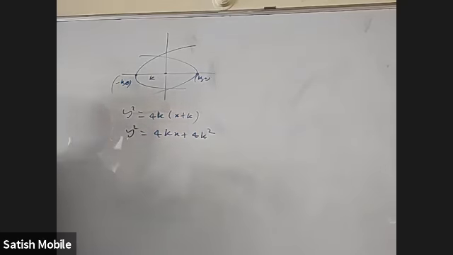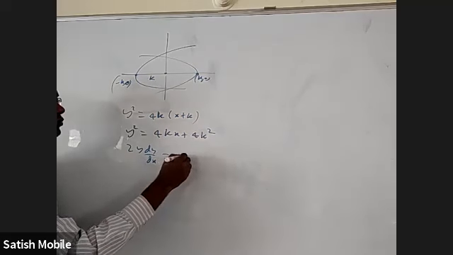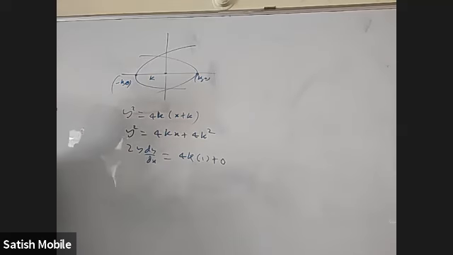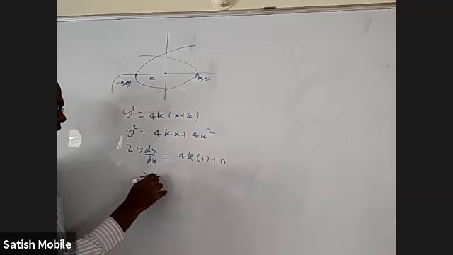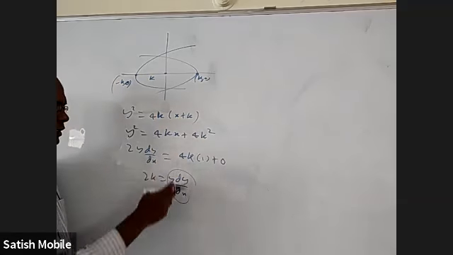4k square. So when I differentiate, 2y dy by dx is equal to 4k into 1, and 4k square's derivative is 0. So wherever 2k is there, if I cancel 2k, I can write y dy by dx. Substitute this now.